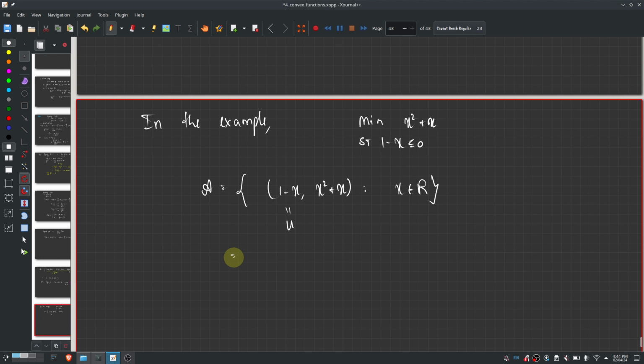You would simply get the set of all (u, (1 minus u) the whole square plus 1 minus u) for u in R. This is just a quadratic.